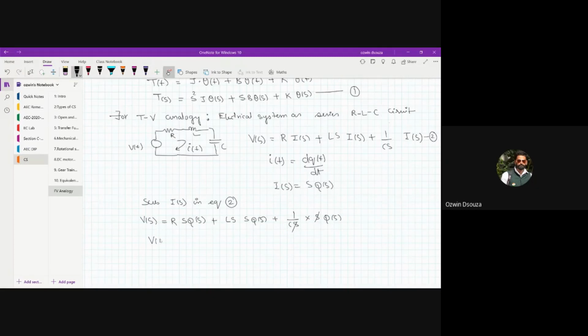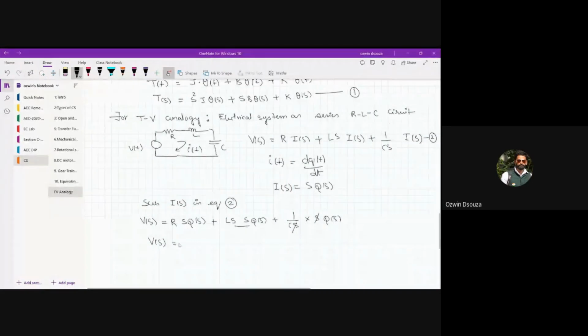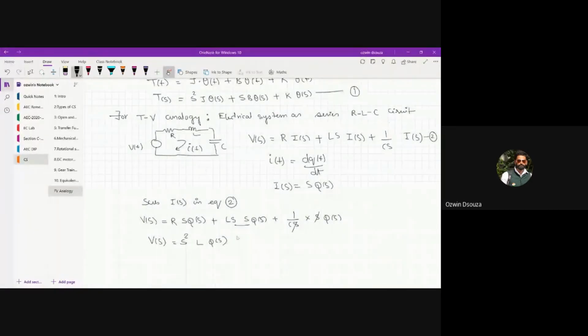So what is that electrical representation you are going to get? You are going to get V of s is equal to R into s into Q of s. Okay, sorry, let us put it in proper way. Highest power of s is s square, then L into Q of s. Okay, I'll take one more minute.